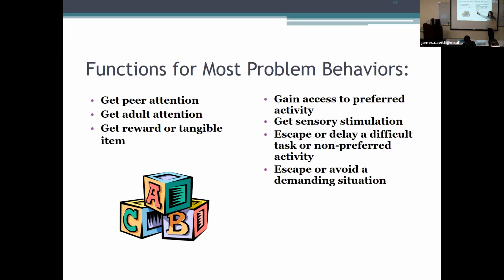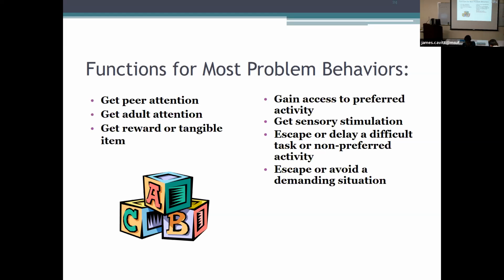It could be escaping or avoiding a demanding situation. Like now, my wife, she's so funny, drives me nuts. January 1, she says, hey, Dennis, let's get our taxes together so we can do our taxes. I said, honey, we have until April 15th. She says, I want to know if we're going to get anything or have to pay anything.